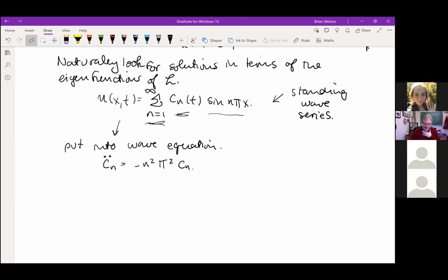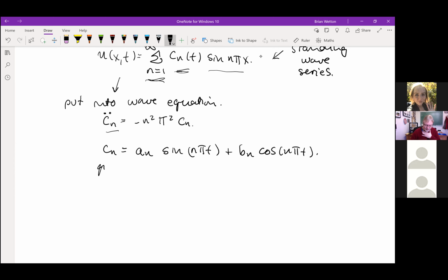Now, when this was the heat equation, we just got Cn dot, and then we got exponential decay. But now with the second derivative, this gives us oscillatory behavior. An sine n pi t plus bn cosine n pi t.